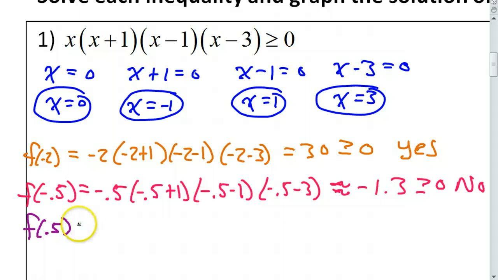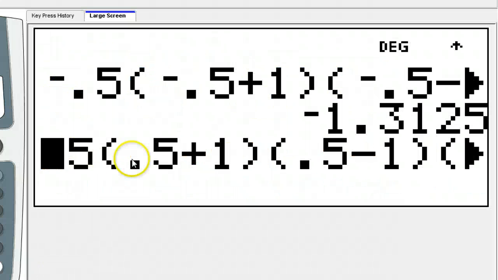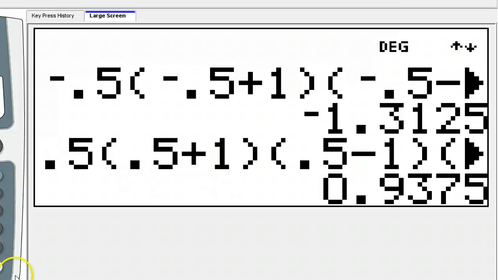Alright, so I'm going to do f at 0.5. So it's going to be very similar to what we had before, only with 0.5 this time. Alright, let's see what that is. Alright, it's all typed in here. Positive 0.9, close enough.